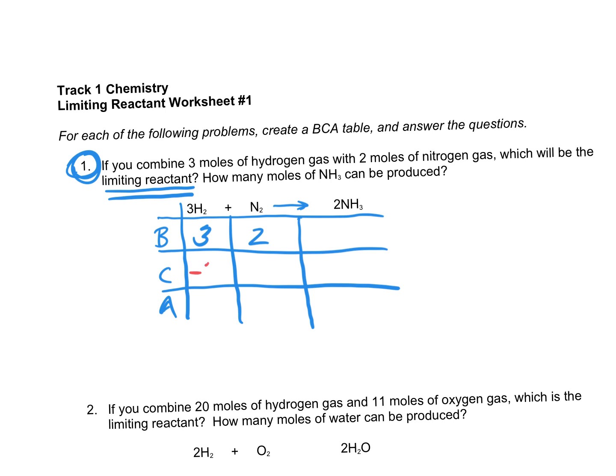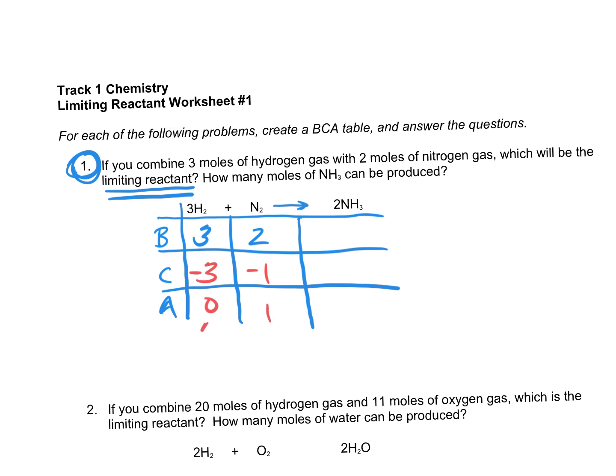If we use up all 3 of those moles of hydrogen, we're only going to use 1 mole of nitrogen. Why is that? Because the mole ratio is 3 to 1, okay? But we were given 2 moles of nitrogen, so we've got a whole extra mole that we don't even need. In fact, we're going to end up with 1 mole left over.